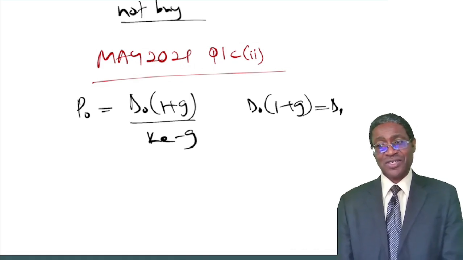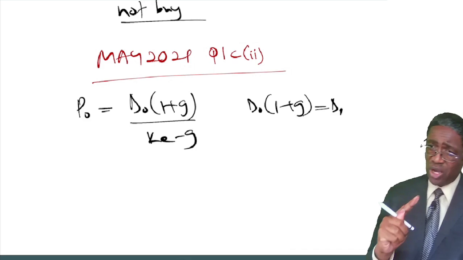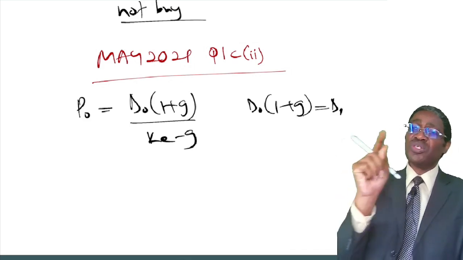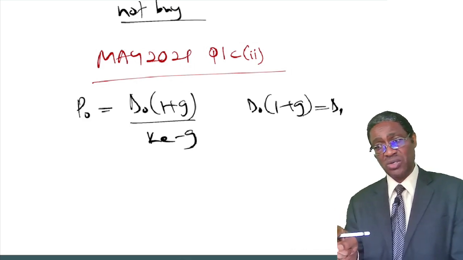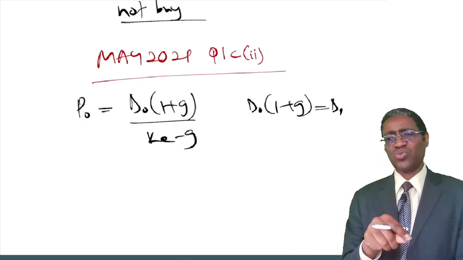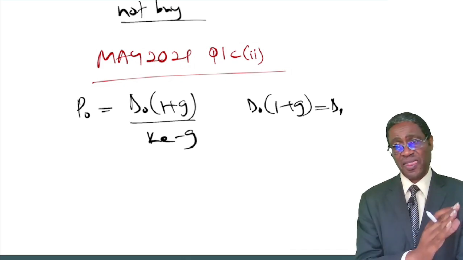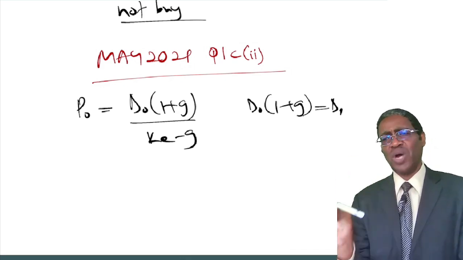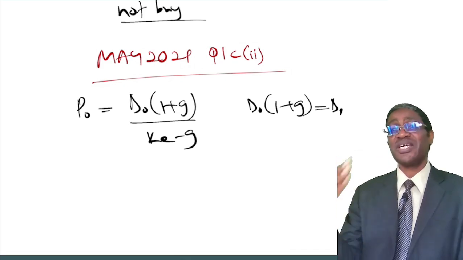So depending on the way the examiner has given you the question, you will use either D1 or D0. D0 is where they give you the history of the dividend, meaning you can pick the last one. But D0 into 1 plus g is always the same as D1, the expected dividend.